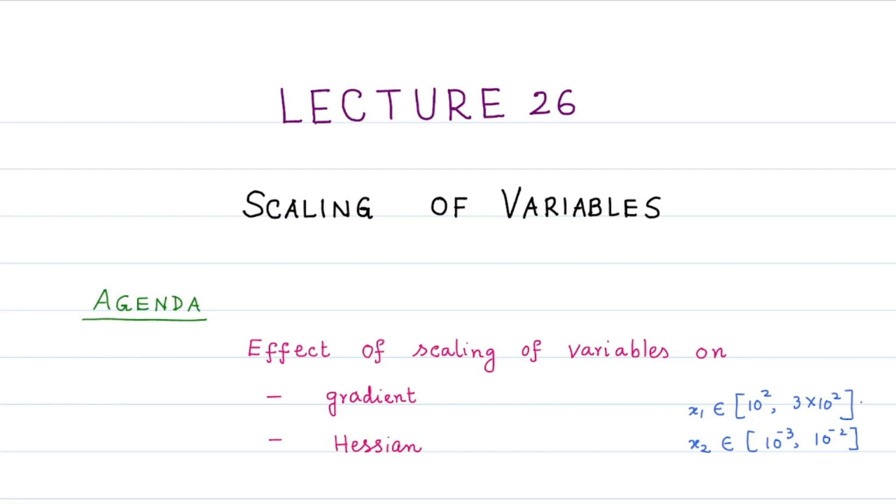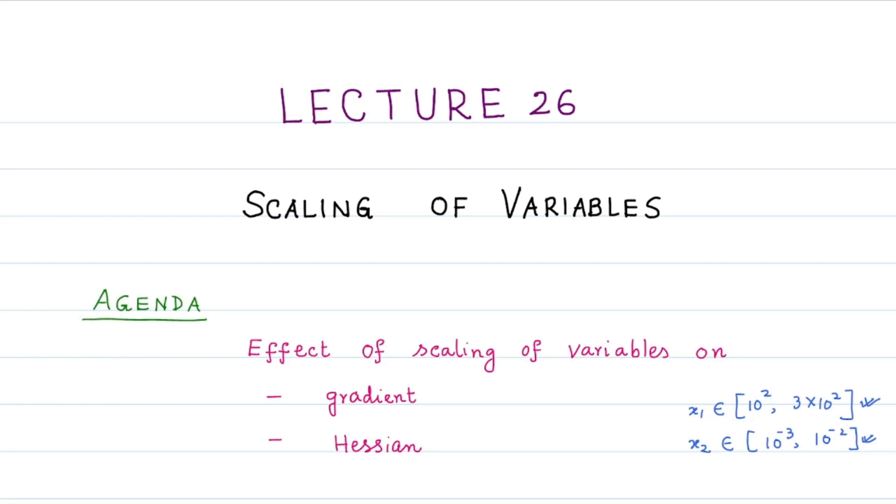You see that these widely varied ranges for x1 and x2 are physically possible. In this lecture, we look at how the gradient and Hessian, which essentially influence an optimization algorithm's speed, are affected by such a large range of scales.